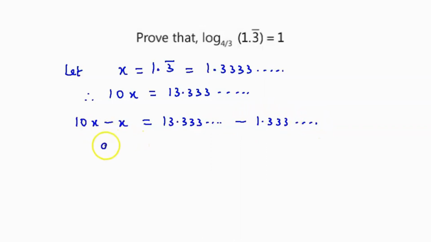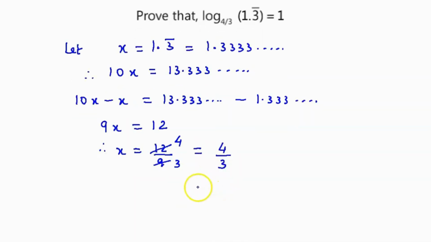Here the difference will be 9x, and on the other side this becomes 12. So therefore we have x is equal to 12 by 9, we reduce it by 3, 3 4s are 12, 3 3s are 9, so its value comes to 4 by 3.